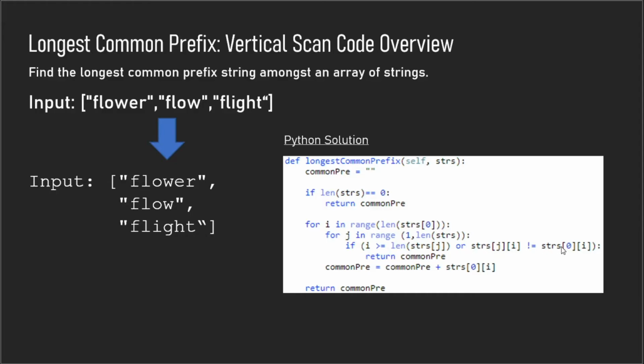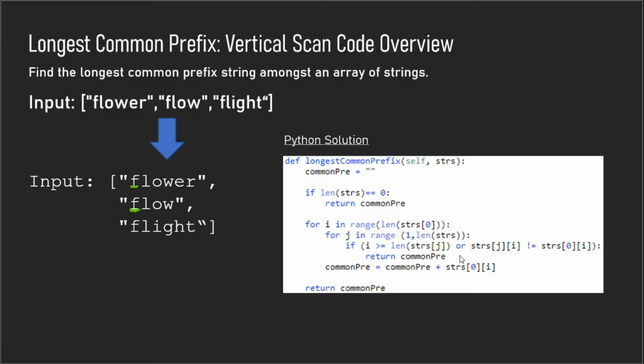And then we also check the case to see if the current string element is not equal to the first string element. So now we're comparing this F right here to this first F, and we check to see if those two are equal. If they are, we continue onwards, and if they're not, this if statement catches it, and then we just return the common prefix.